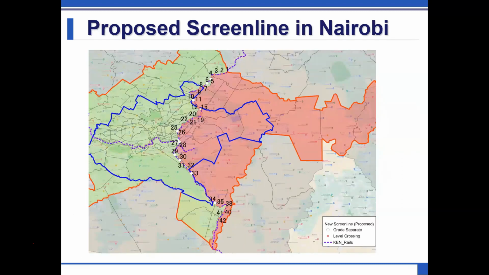On the other hand, how about your city? Yes, Nairobi city doesn't have a large river. Yes, I have some difficulty setting a screen line. However, there is a commuter railway across the metropolitan area. So we decided to select the railway line as the screen line for the demand forecasting work in this project.